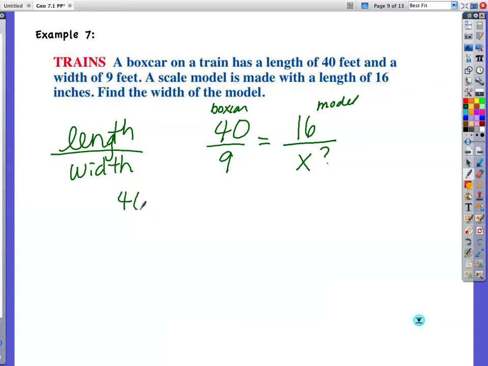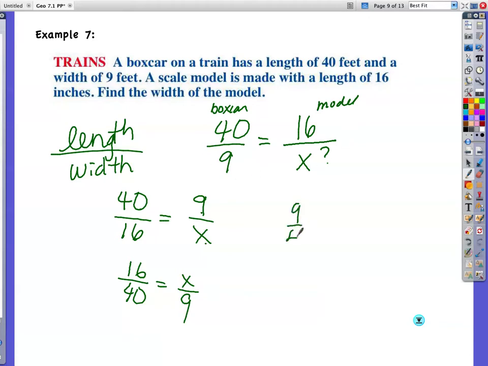You could say 40 is to 16 as 9 is to x, because you're saying boxcar length to the model length is the same as the boxcar width to the model width. You can turn this one upside down, so you can have 16 over 40 is equal to x over 9. And you can even turn this one upside down. You would have 9 over 40 is equal to x over 16.